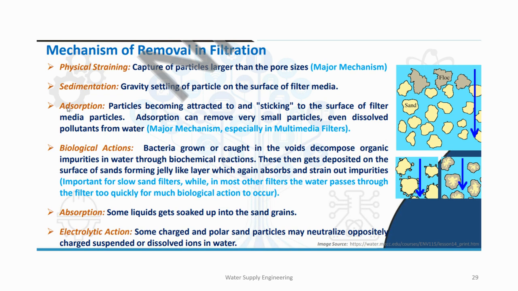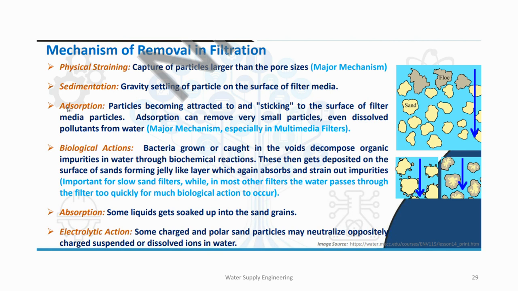Fourth one is biological action. The bacteria grown or caught in the voids of the filter media will decompose the impurities through biological reactions, and these will later on get deposited on the surface of sand, which again absorbs and strains out impurities.